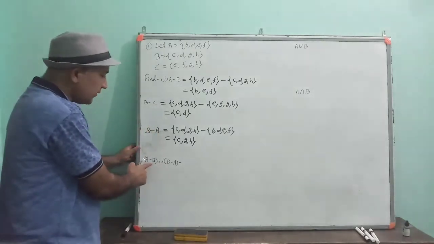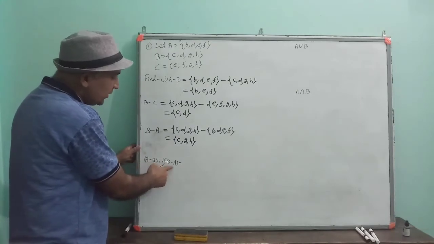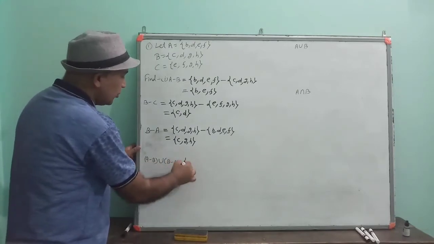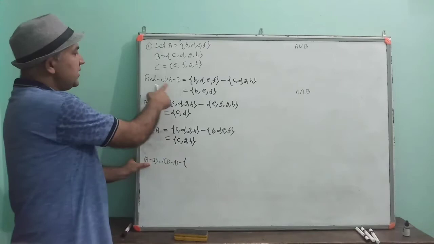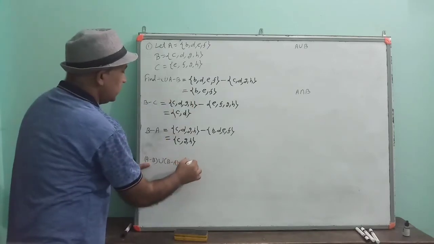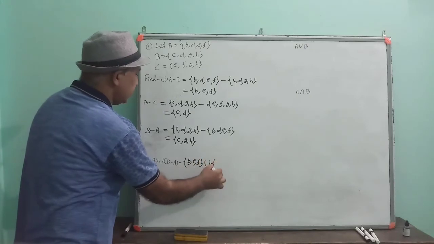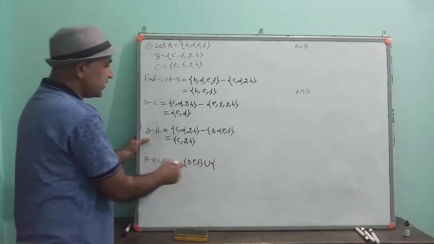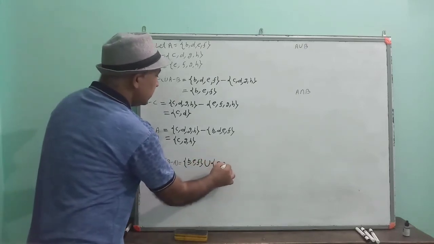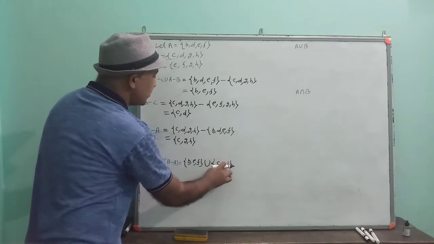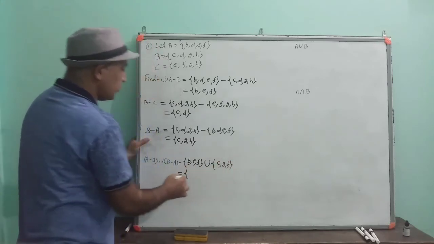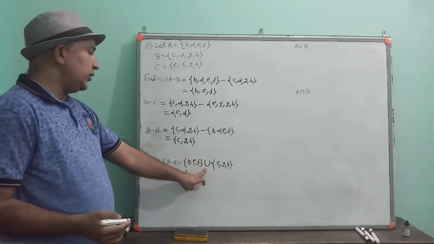Okay. Now see here, A minus B union B minus A. We have found A minus B: B, E and F, union. We have found B minus A also: this is C, G, H. Understood? Now what is the meaning of union?